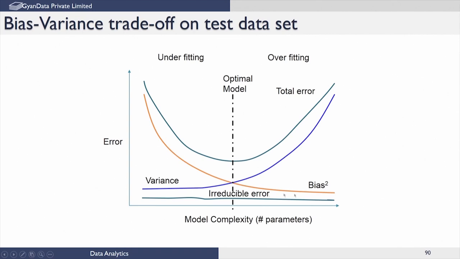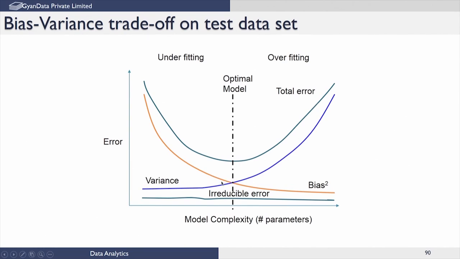Typically, there are two measures for determining the quality of the model. One is the bias in your prediction error, and if you increase the number of parameters of the model, the bias, or the squared bias term, will start decreasing. However, the variability in your model predictions will start increasing as you increase the model complexity.